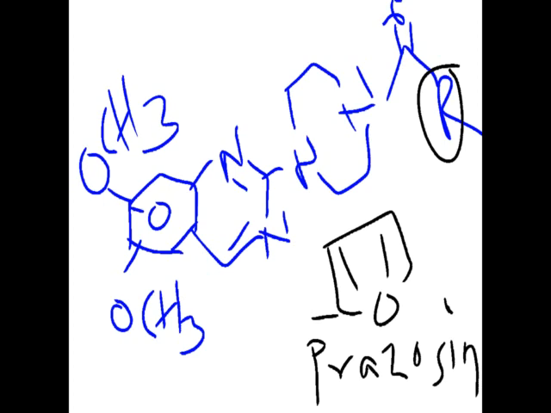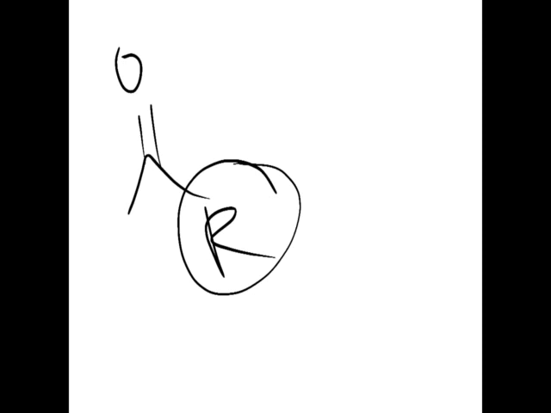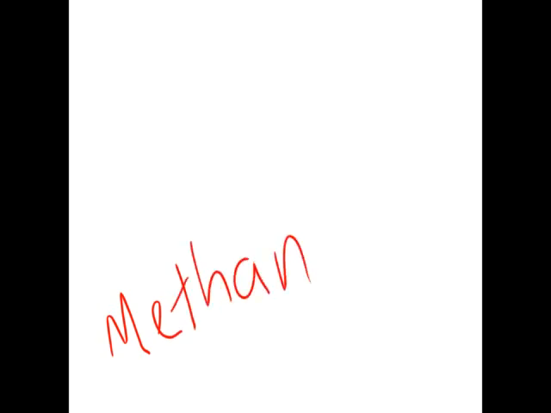So C double bond O, that is the ketone part, is methyl with oxygen. Such a compound is called methanol. Okay, so that is the methanol.